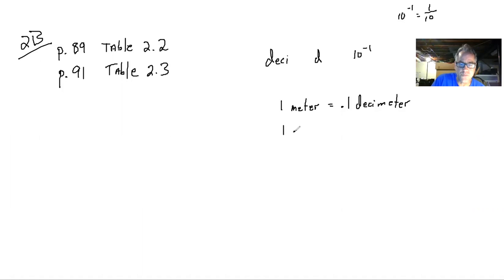Now, likewise, 1 meter would be 0.01 centimeter, and so on and so forth.